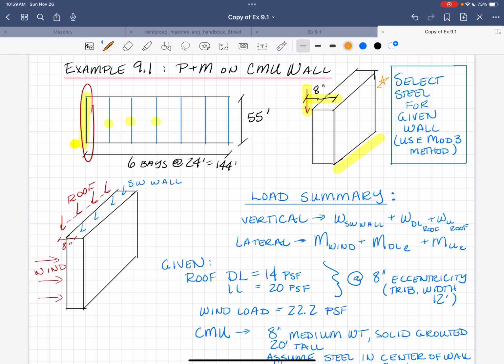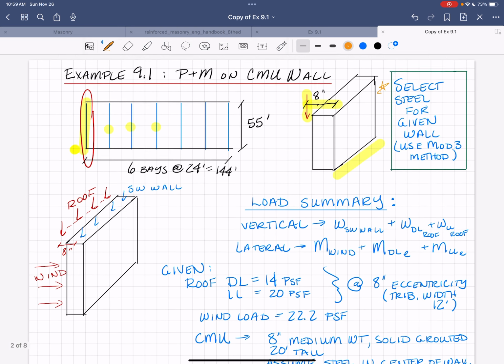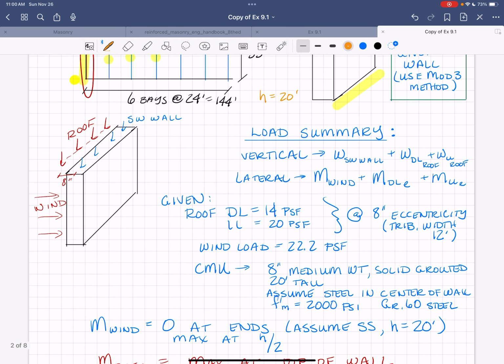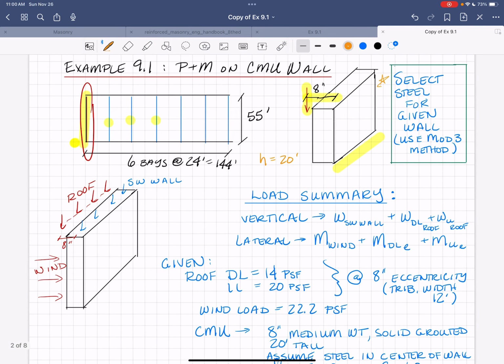Did I give you a height here? Height of 20 feet. Okay, so the height equals 20 feet, and I've written that down here somewhere. So because of this, we get to use a full height since it's simply supported for the buckling piece.